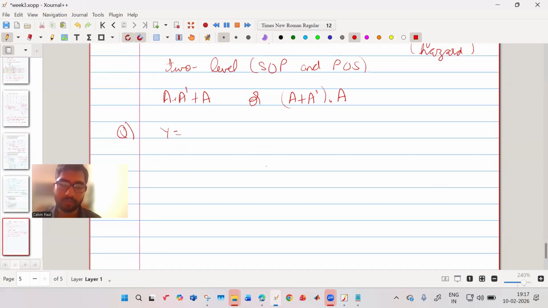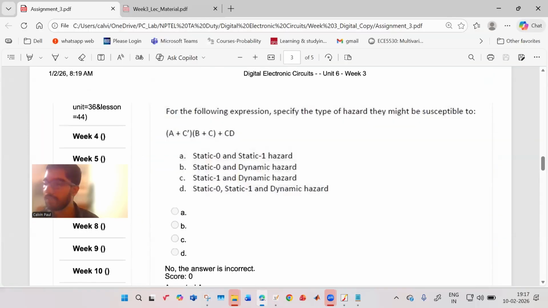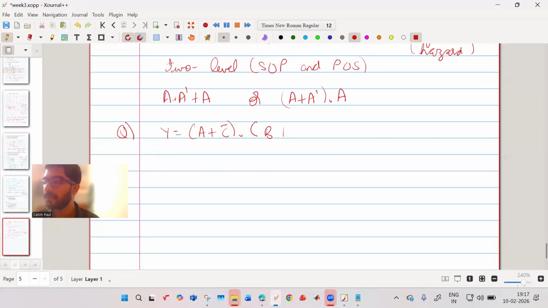It is equal to (A plus C bar) and (A plus C bar) and (B plus C) or CD. I want you guys to answer: is this a two-level implementation or a three-level implementation? It is three level. Okay, very good.